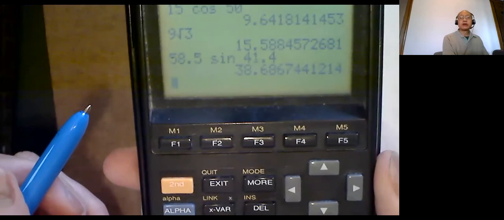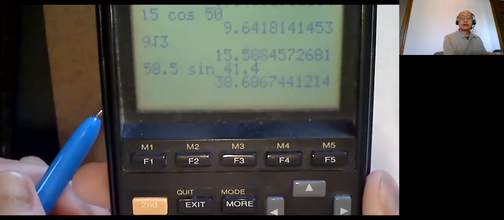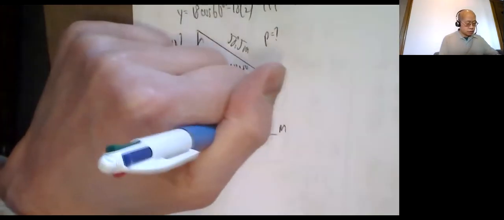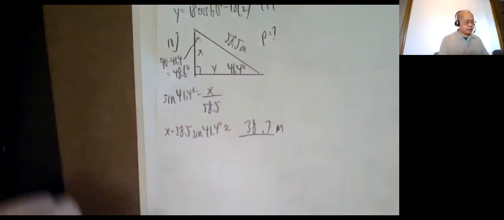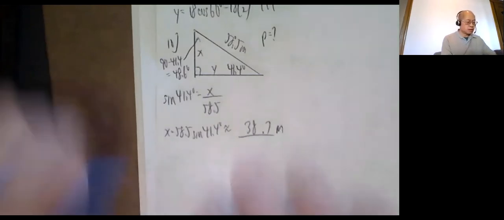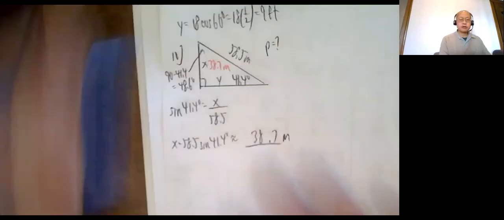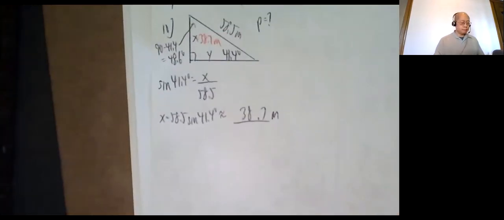So 38.68 to the nearest tenth is 38.7. So 38.7 meters. That's x. Put that in red here. 38.7 meters. Okay, so you can see by using trig, you can find distances without physically measuring them.